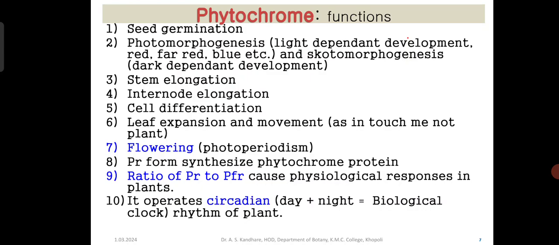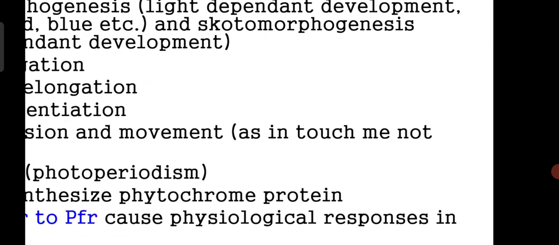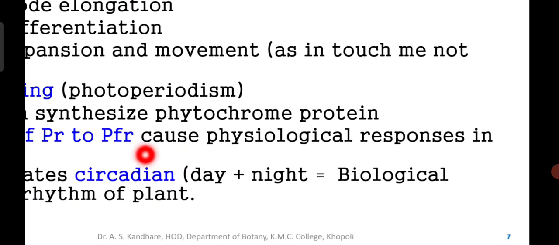It operates circadian rhythms in plant. Circadian rhythms होते हैं प्लांट के, जिसे हम biological clock कहते हैं, and this circadian rhythms are also under the influence of phytochrome.